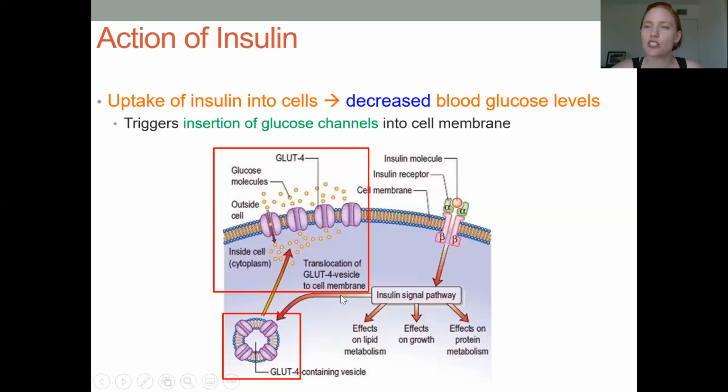Then that's how you get to use it for cellular respiration. I want you to understand the action of insulin, not just that it decreases blood glucose, but how it does it. It does it by inserting glucose channels into the plasma membrane so that the glucose can go into the cells for cellular respiration.